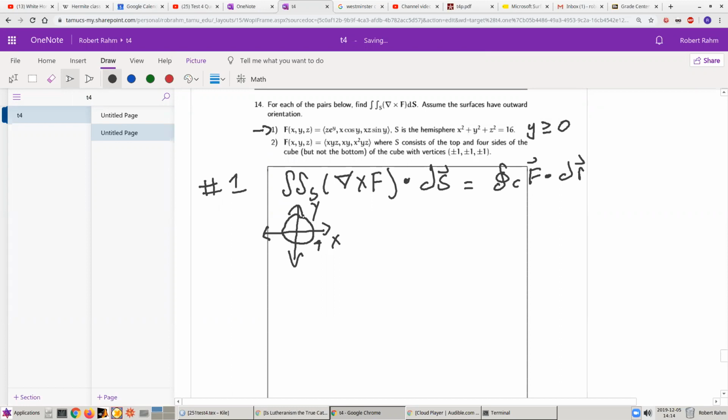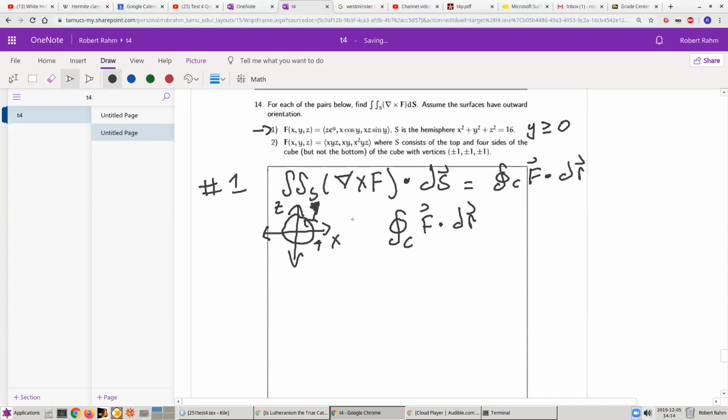Since we want outward orientation, we want a counterclockwise orientation on this circle. So the surface integral of the curl field that we want to compute is equal to the line integral of the vector field F dotted with dr over this circle of radius 4. Sorry, this is in the xz plane.